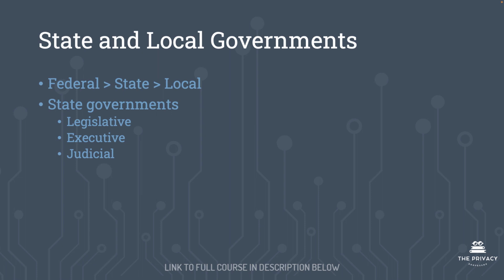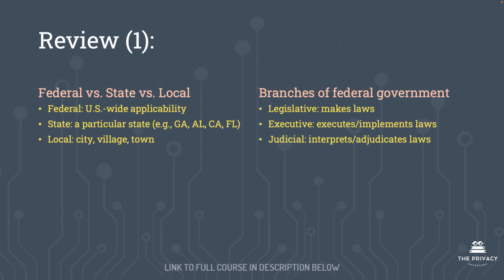In this lecture, we've talked about the difference between federal, state, and local governments. We said that a federal law, for example, is something that has nationwide US applicability. A state law is a law that applies only to a particular state, such as Georgia, Alabama, California, or Florida.